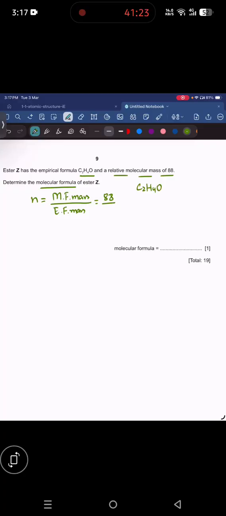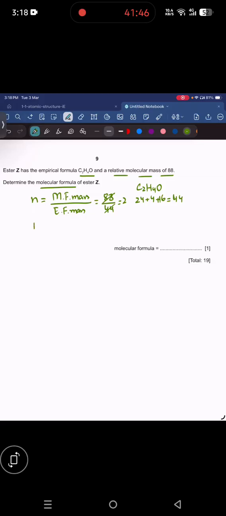C2H4O: 24 plus 4 plus 16. 16 plus 4 is 20, 20 plus 4 is 24... it is 44 here. So 44 divided by 88, cancel out, answer is 2. So the n value is 2 here.